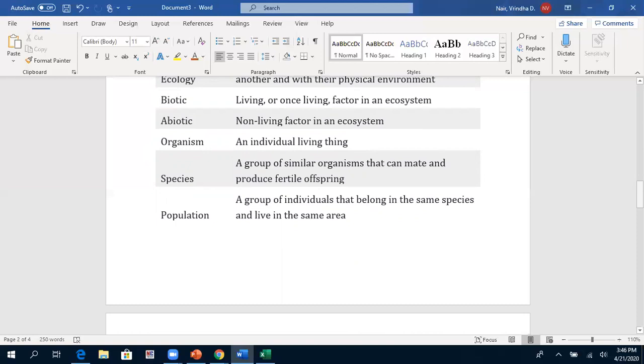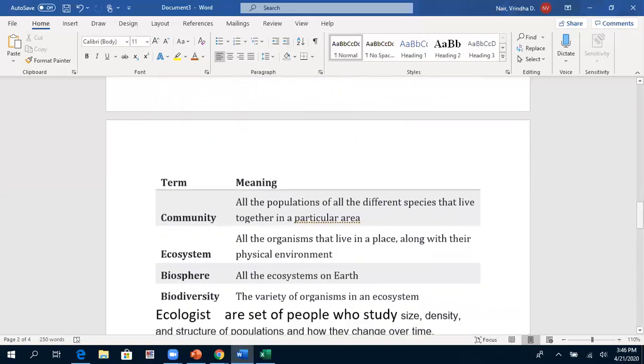The more human beings in a certain area, the larger the population, right? Community: all the different populations, different kinds of species, coming together in a particular area is called a community.